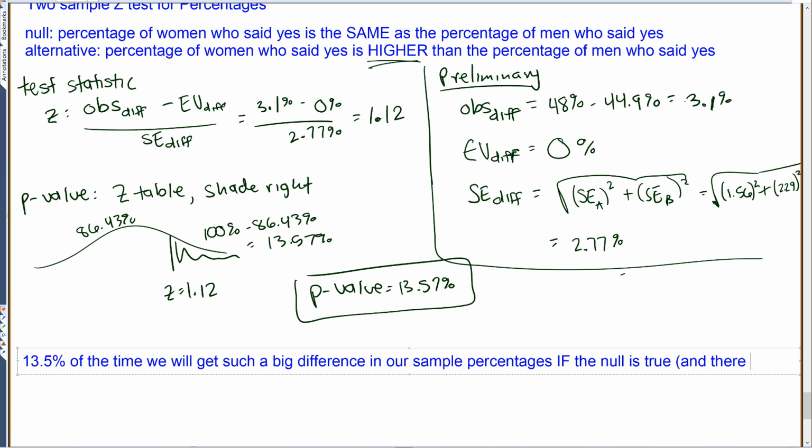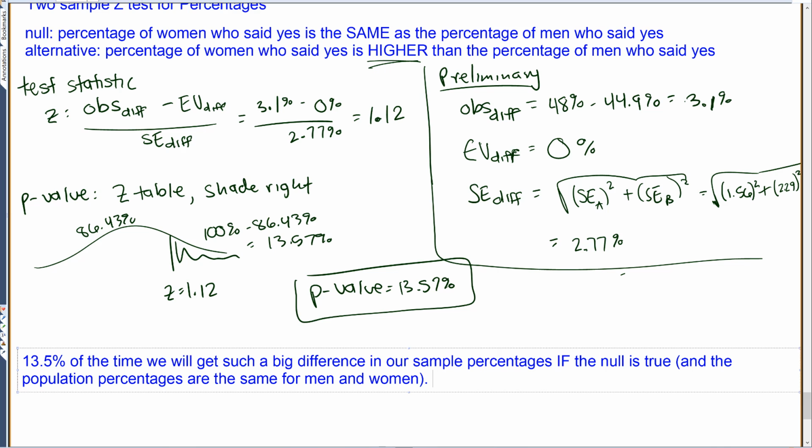And that means if the null is true and the population percentages are the same for the men and women. So again, if those population percentages are the same, then about 13.5% of the time we would get such a big difference in our sample percentages.